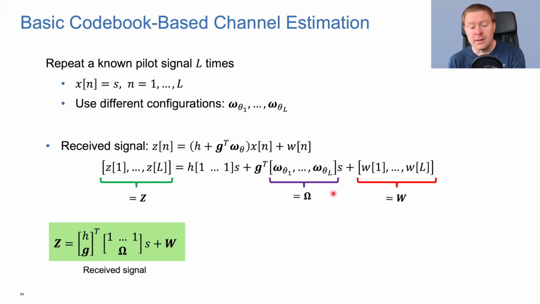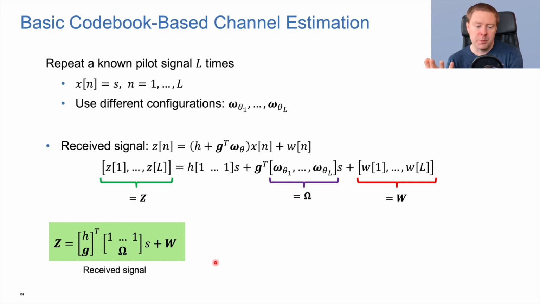Then I can rewrite this entire thing as z is equal to this plus the noise. I have the signal, and the signal is multiplied. Let's take h, which is the channel that I would like to know, and g, which I would like to know. I can write this as h times g. h should be multiplied with the 1, 1, 1, and transpose doesn't mean anything when you have a scalar. And g transpose should be multiplied with omega. So this is the signal I'm having.